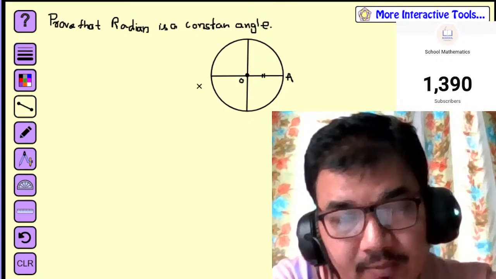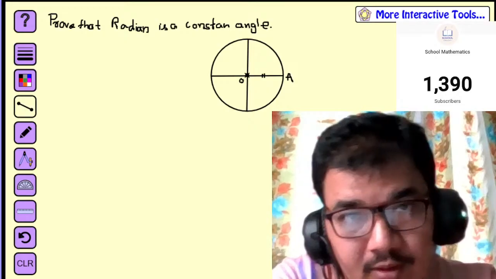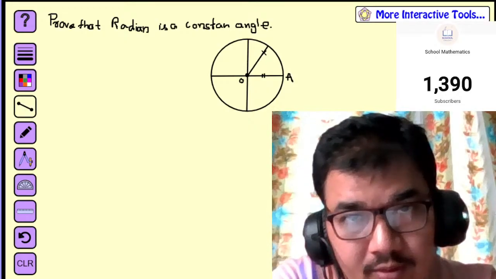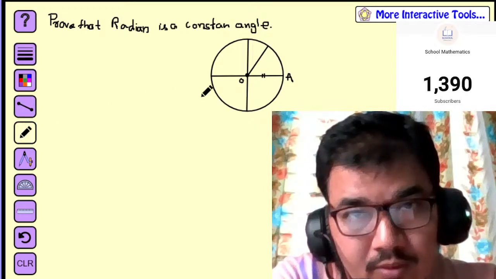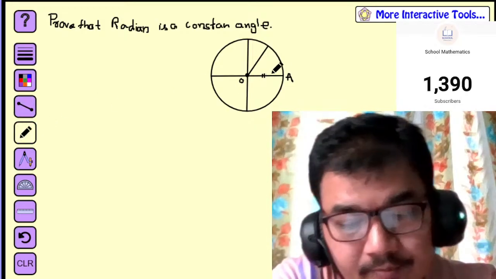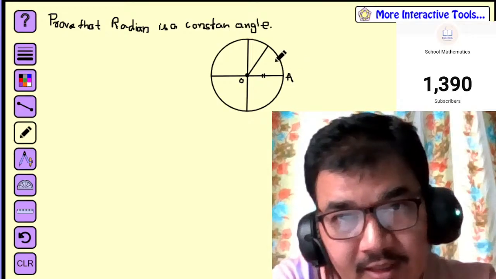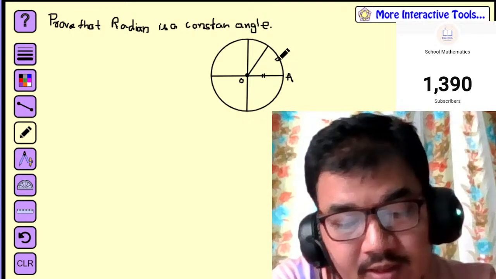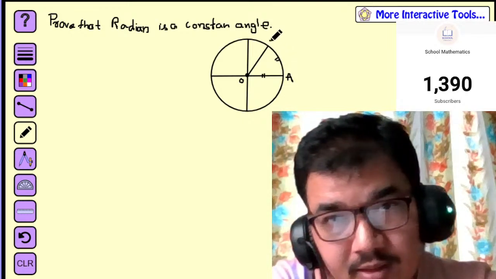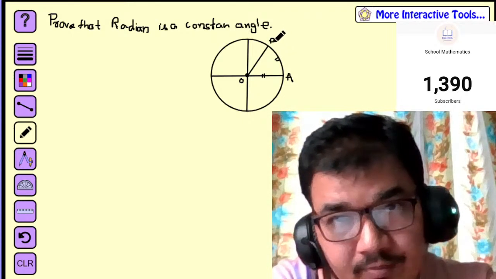Then we take the help of this radius OA and this arc length. The name of this arc length is AB.